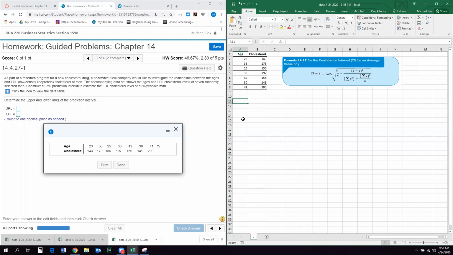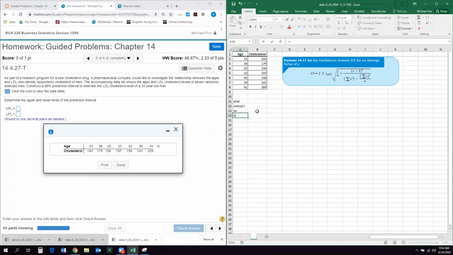Is that actually called a Y hat? Yep. Critical T, that's the T of alpha over 2, right? Standard error. So I'm just working through the formula here: Y hat, T alpha divided by 2, standard error.